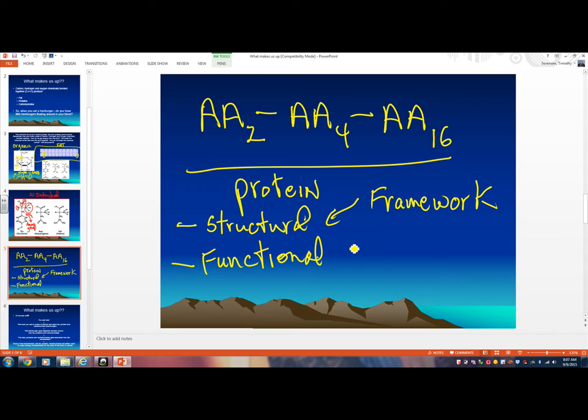The ones that are really critical, well, they're all critical, but this is more critical, are the functional proteins. And the two classes of functional proteins are enzymes and hormones.